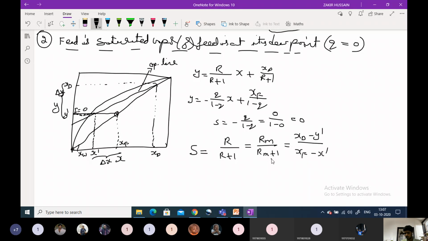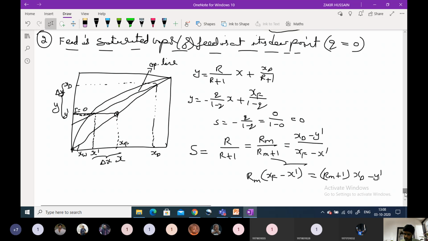Now we need to equate these two equations. So Rm into xf minus x dash is equal to Rm plus 1 into xd minus y dash. We just have to rearrange that in terms of Rm. So, in terms of Rm, how to arrange that?